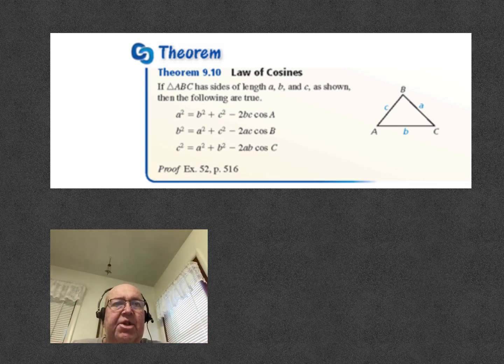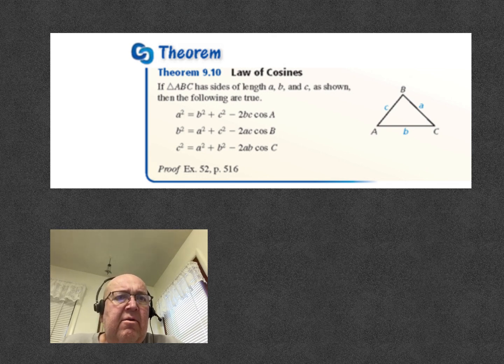Okay, in the final section of 9.7, we're going to be looking at the law of cosines, which to me is a little bit of a take on the Pythagorean theorem, except without the right angle.